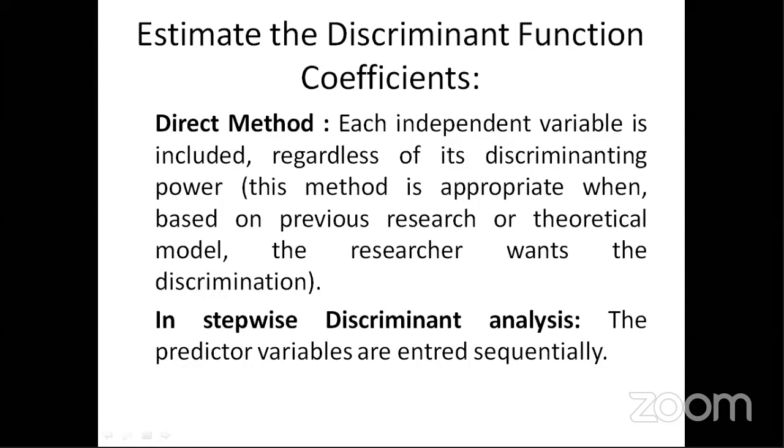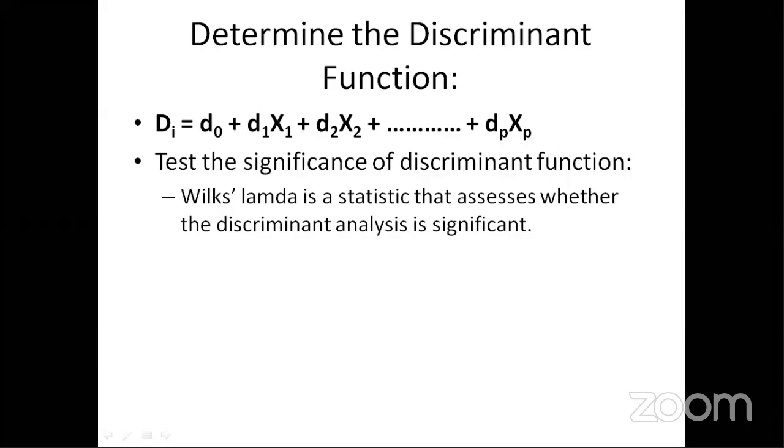So for the estimation of the discriminant function coefficient we have two methods, the direct method and stepwise discriminant analysis. In the direct method we take all independent variables at a time and remove one by one, and in stepwise we first take one and then, according to the power of that variable, we add some other variables.